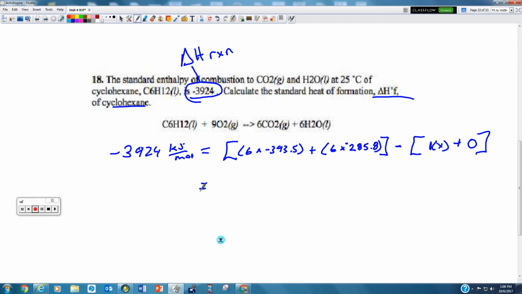So when we solve for this, heat of formation for cyclohexane is what? Negative 285.8, negative 393.5. And realize that 0 plus 1x is just going to be 1x, so that actually kind of disappears in the equation.